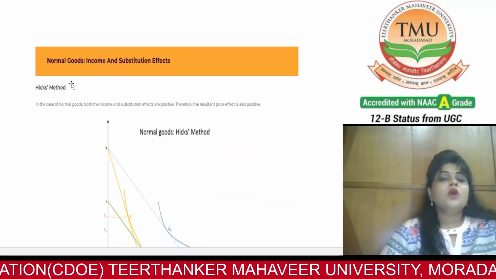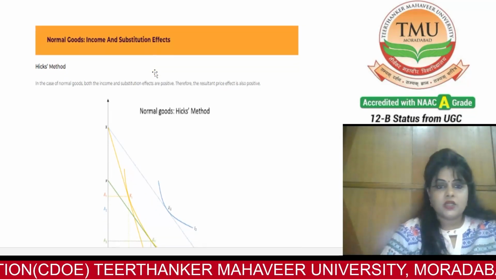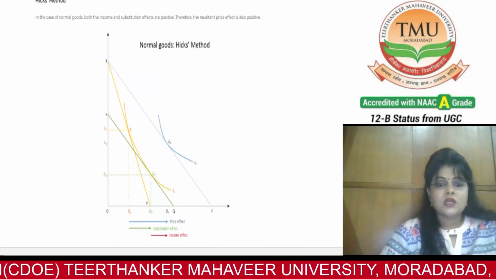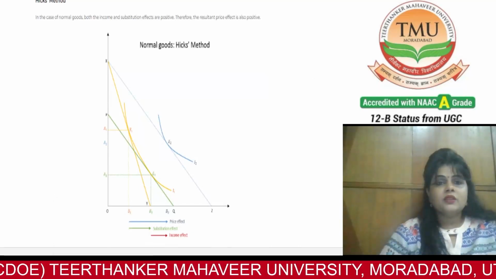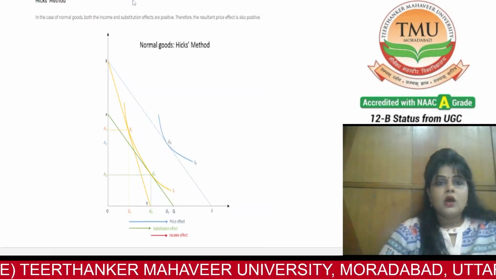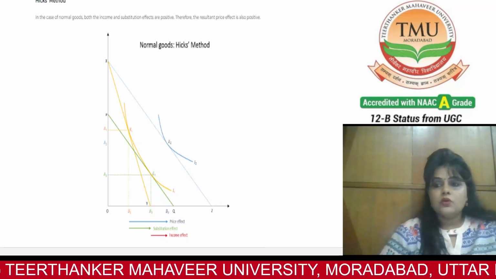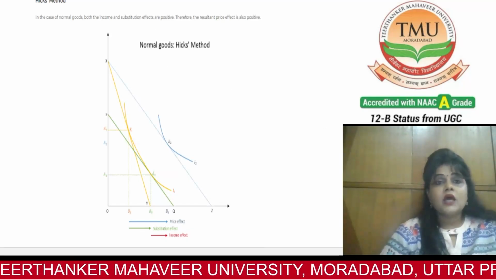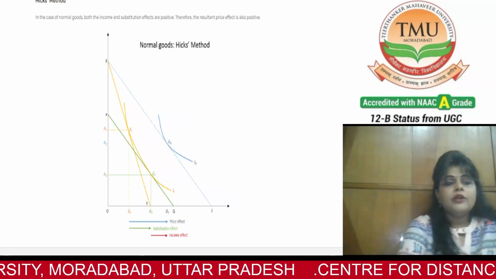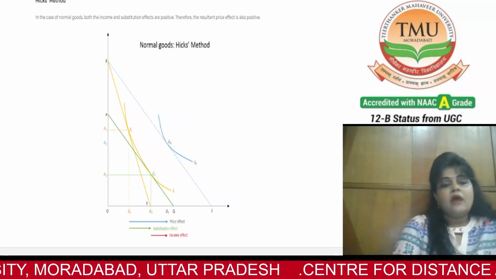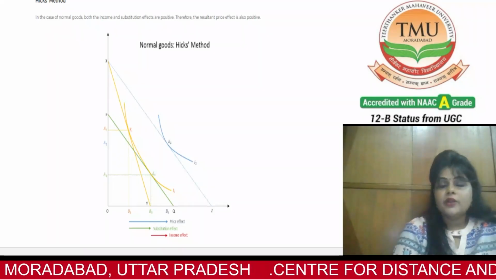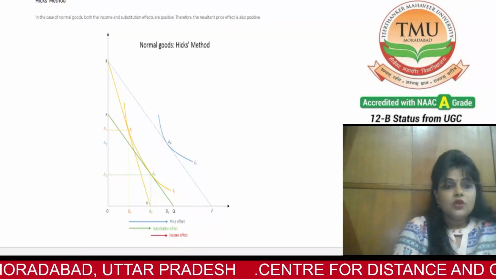Now, for normal goods, income and substitution effect. In this case, we will discuss a diagram, and with its help I will discuss how the substitution effect works in the Hicks method. According to Hicks, the income level must be reduced in such a manner that the consumer returns to the original level of utility.